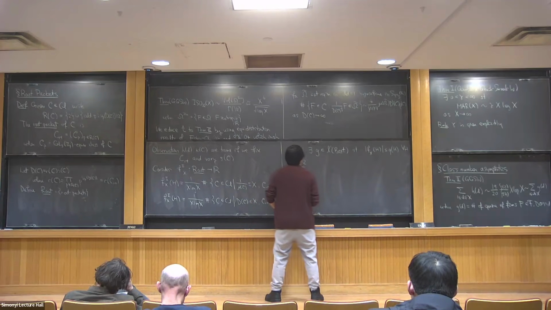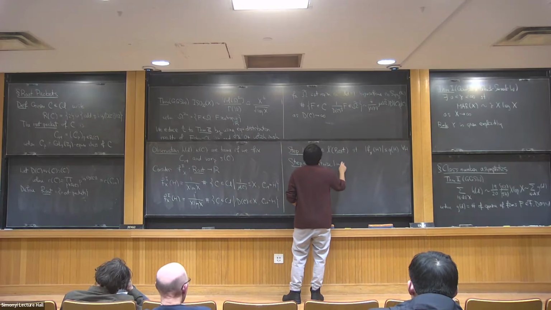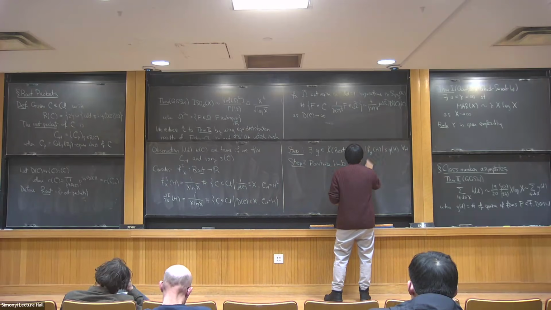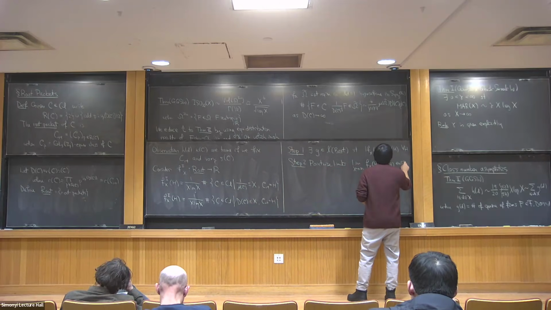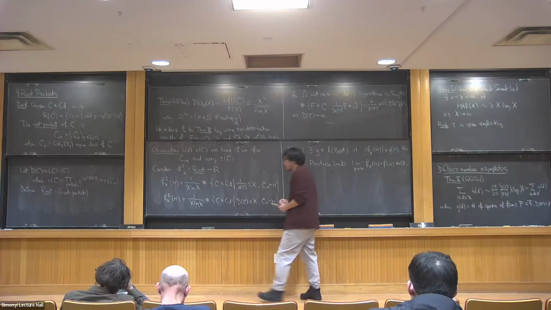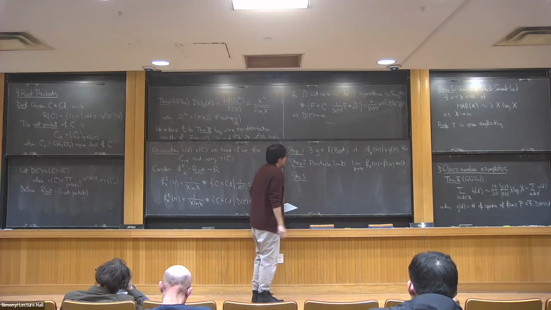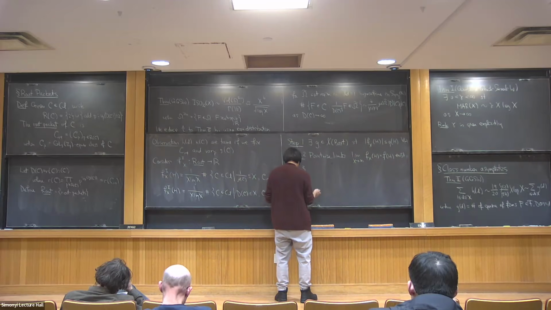Step 2 is that pointwise limits exist, and step 3 is by calculus.